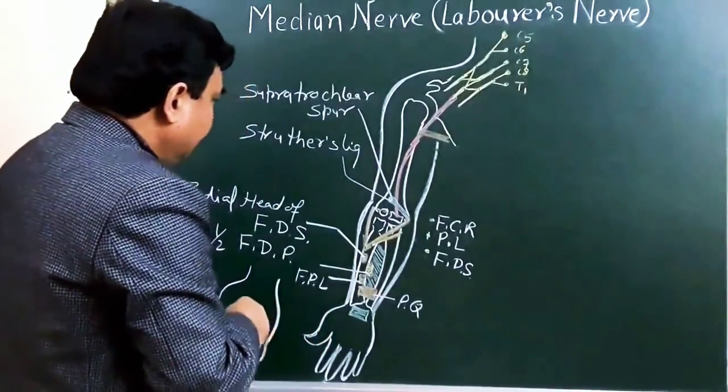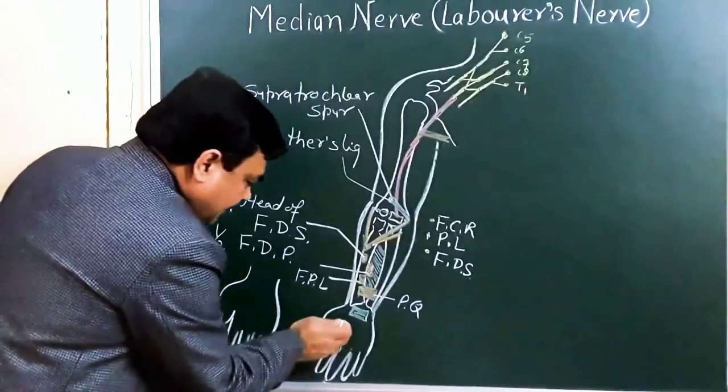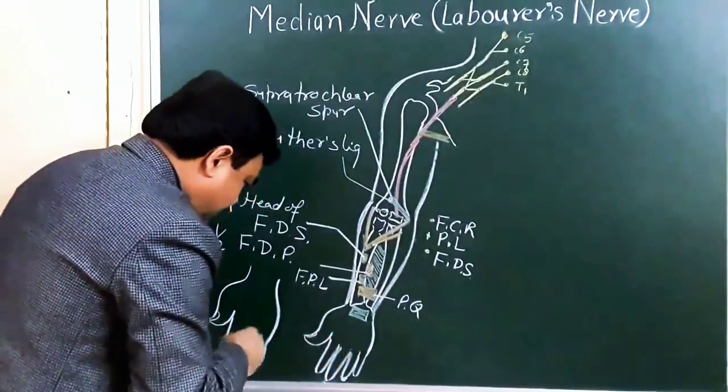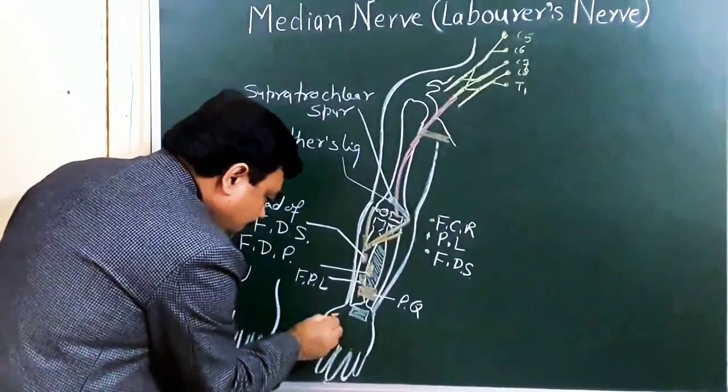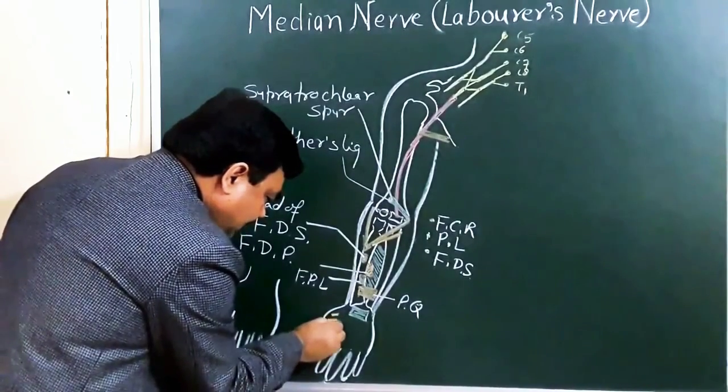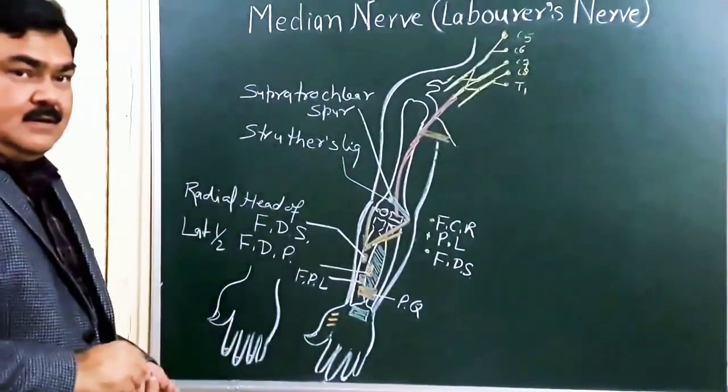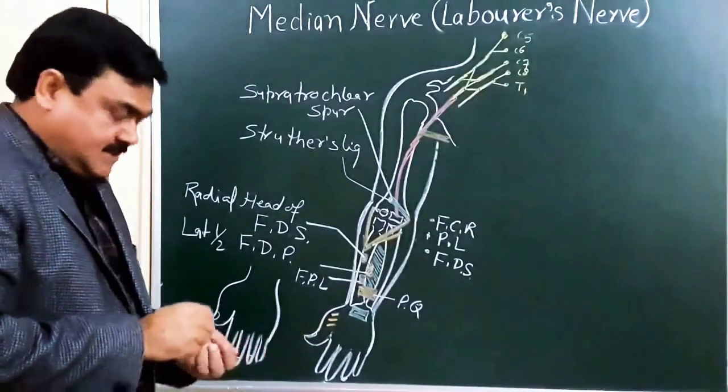Now, another thing: here are three muscles of the thenar eminence.